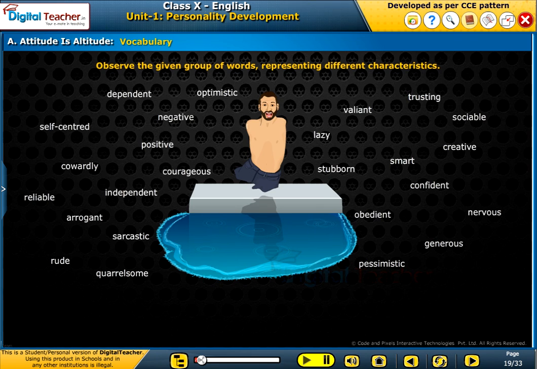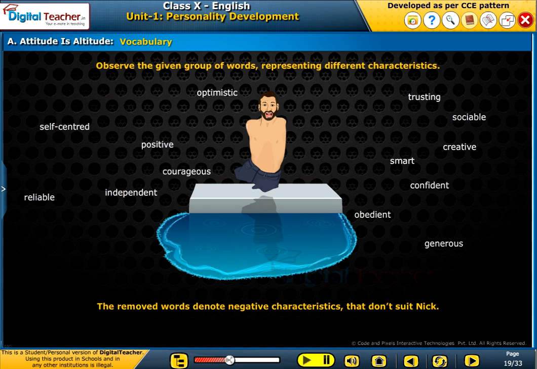Observe the given groups of words representing different characteristics. And the removed words denote negative characteristics that don't suit Nick.